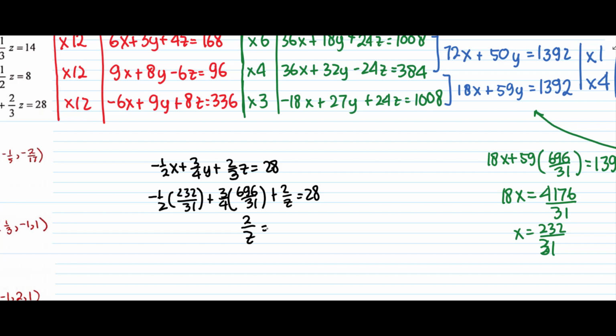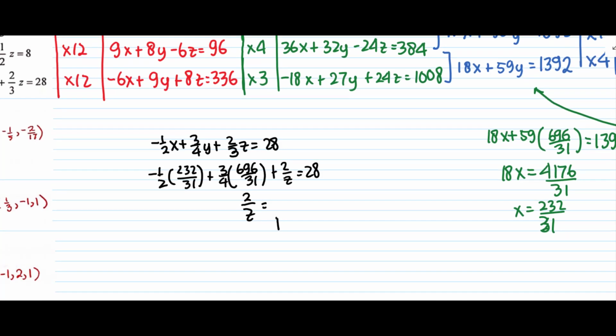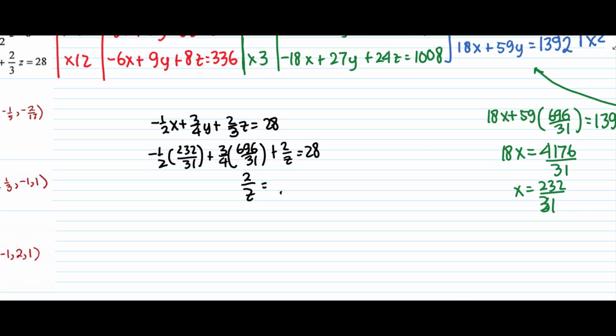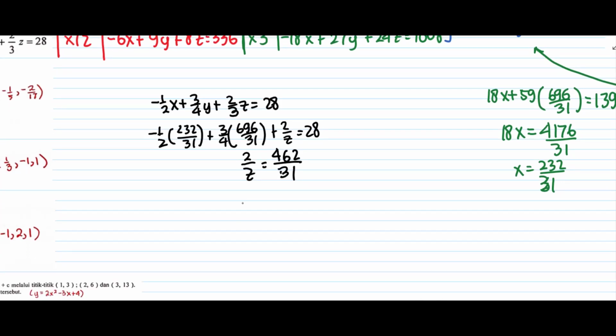The result is 462 over 31. And then you can cross multiply. 462z equals 62, z equals 62 divided by 462.